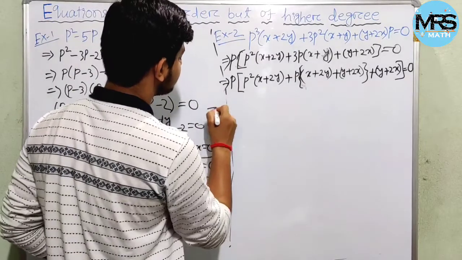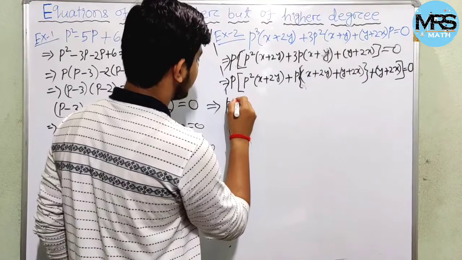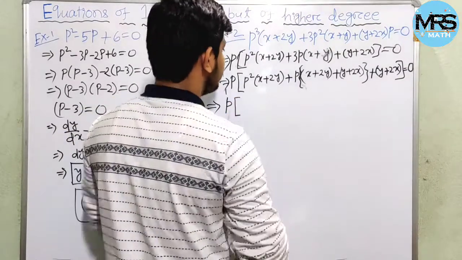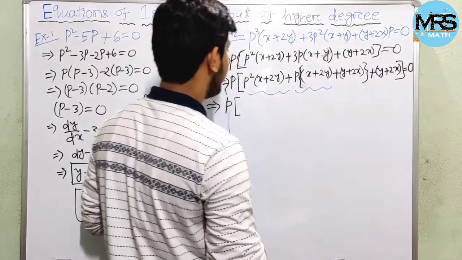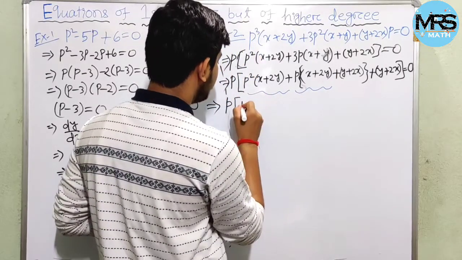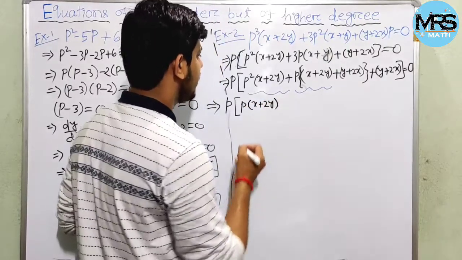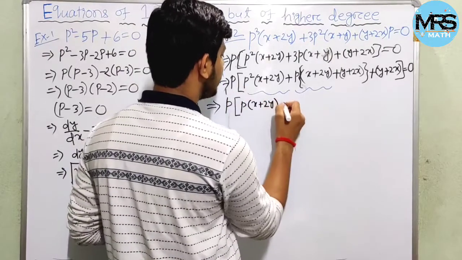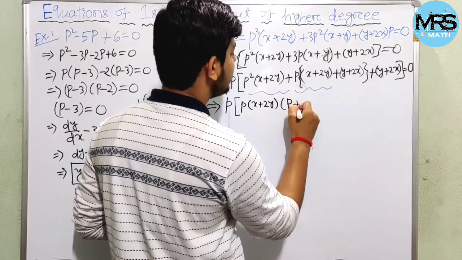Now p is there. From this term and this term, p into x plus 2y, if you take common, only p will remain here, and here only 1 will be there.